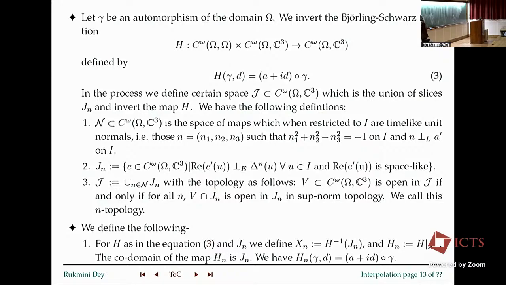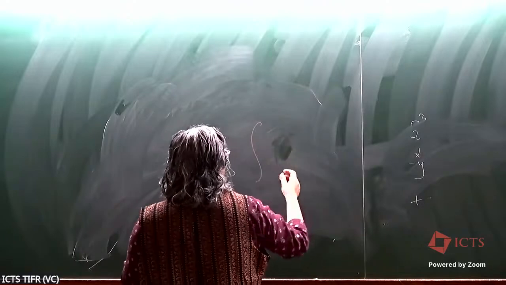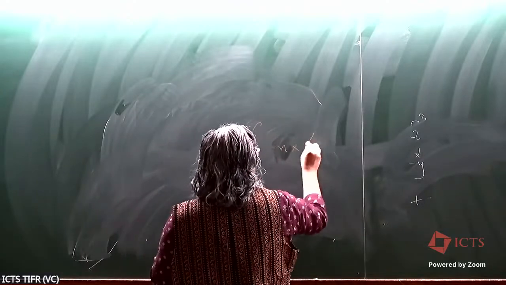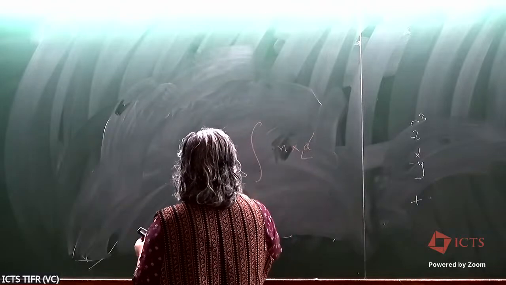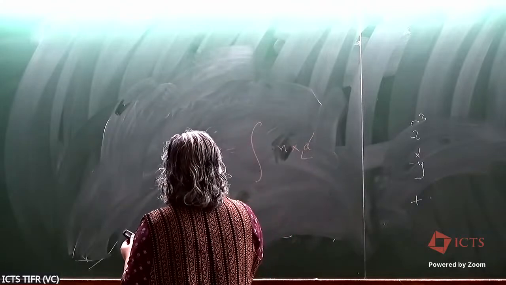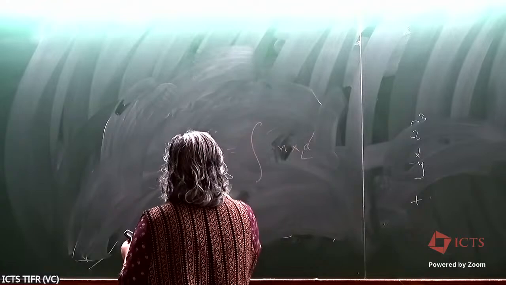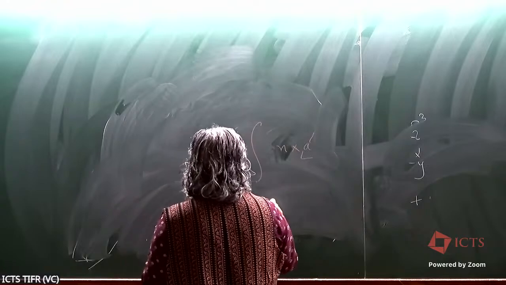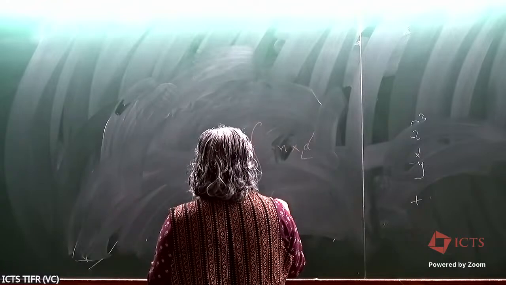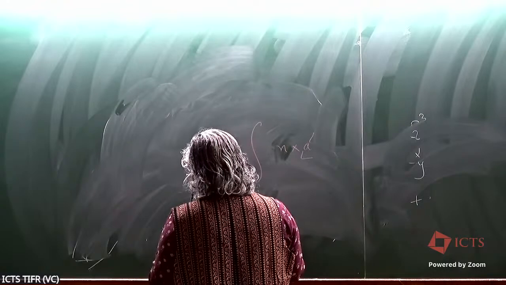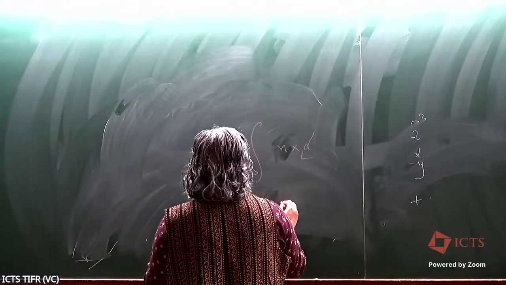So dn is integral n cross A prime L, and delta n is A prime, the one which was E perpendicular to.